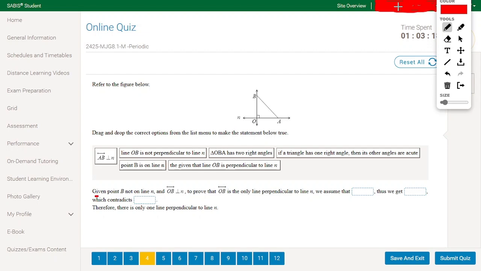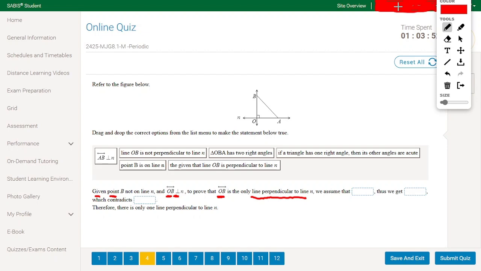Given point B is not on line N, and OB is perpendicular to N, yes, 90 degrees. To prove that OB is the only line perpendicular to line N, there is another line, AB, and AB is not perpendicular.